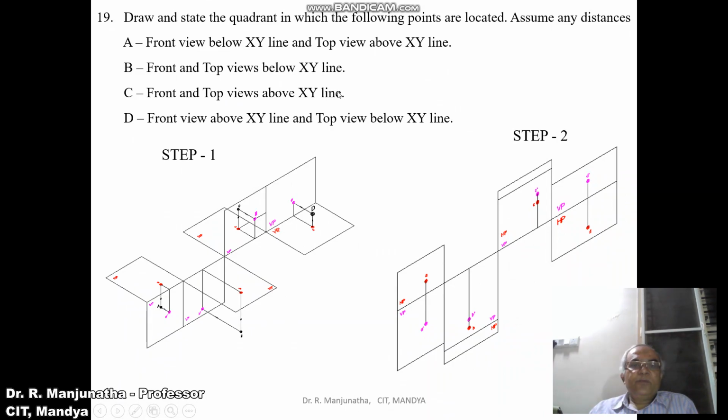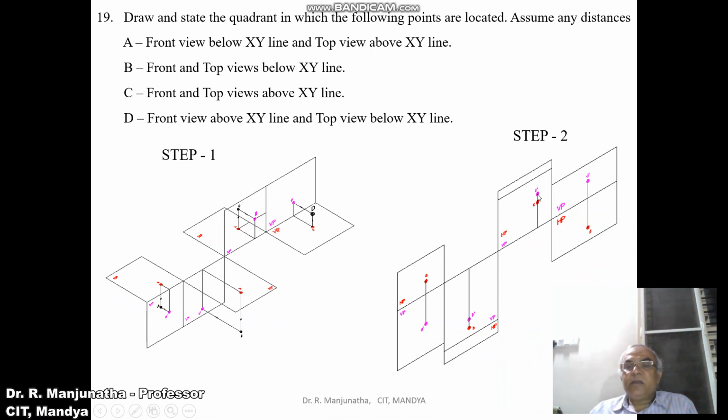Now the front and top views above XY line. The front view will be above XY line only in two cases, wherein it is in the first quadrant and wherein it is in the second quadrant. But here front and top views are both above XY line, so it has to be in the second quadrant, because when you rotate the horizontal plane by 90 degrees, in the second quadrant it will go above the XY line, which has been shown here.